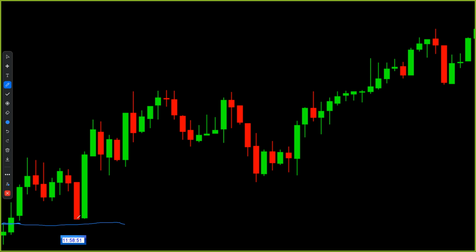So some would have been scared out and dropped out, and they would have waited until it got back up here. They would have waited and bought it here. And when it started to come back, even though we haven't closed below this level, some might have stopped out again.